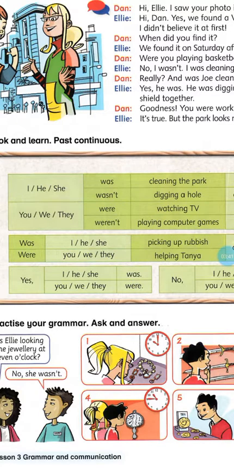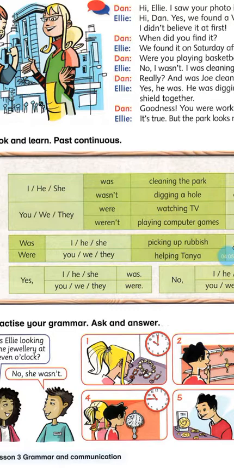They weren't cleaning the park. So again, the negative verb form of the past continuous is was not or wasn't, were not or weren't, plus verb with ing.